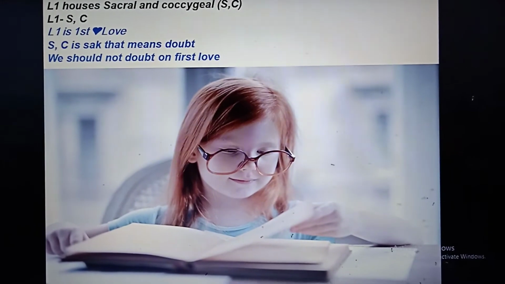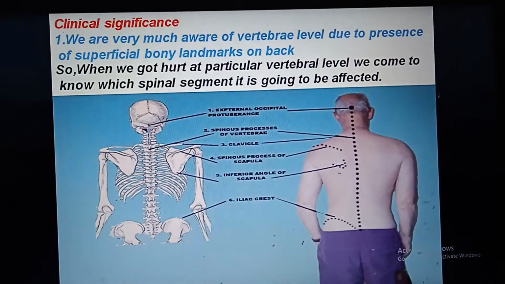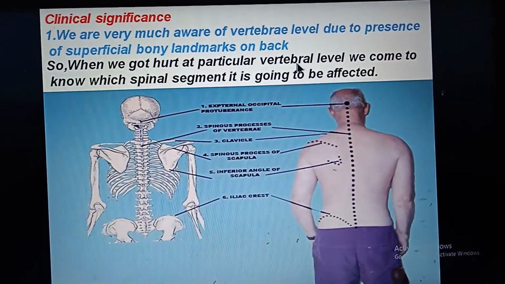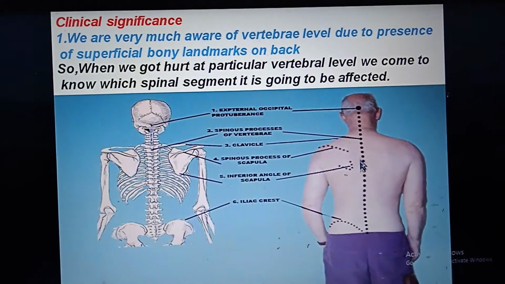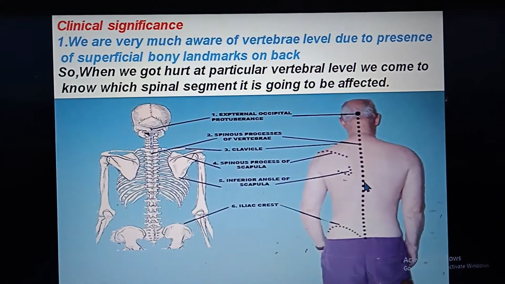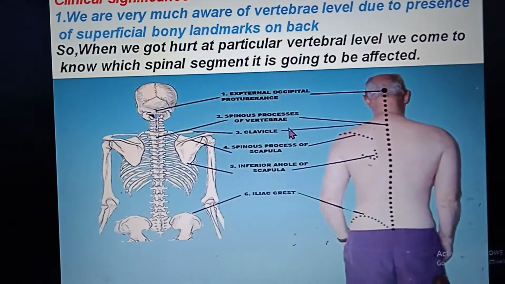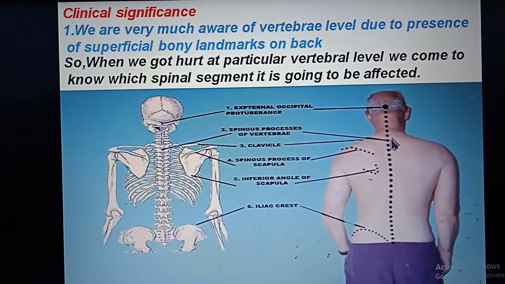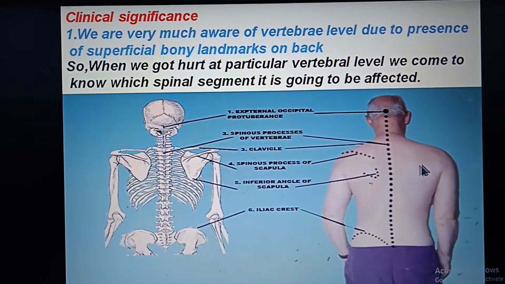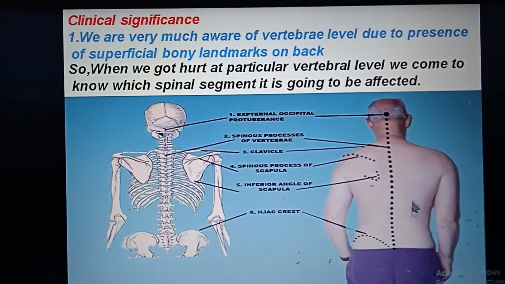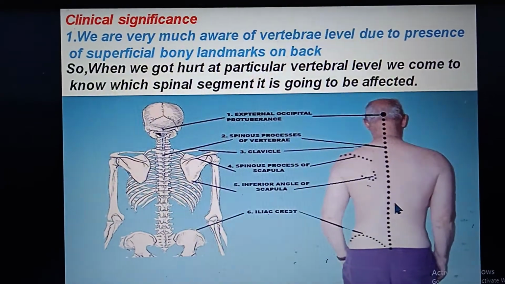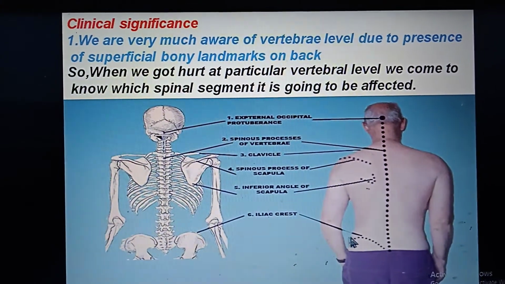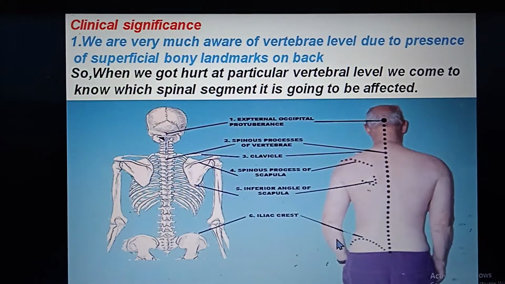Now coming to clinical significance. We are very much aware of the vertebral level due to the presence of superficial bony landmarks on the back. The vertebra prominens is at C7, the spine of the scapula is at the T3 level, the inferior angle of the scapula is at the T7 level, and above the iliac crest is the level of L3, L4.